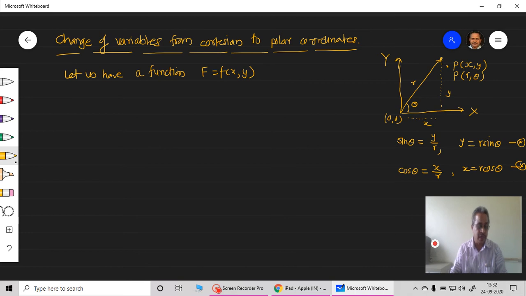So that is F of x, y. Then the Cartesian coordinates are related to polar coordinates.